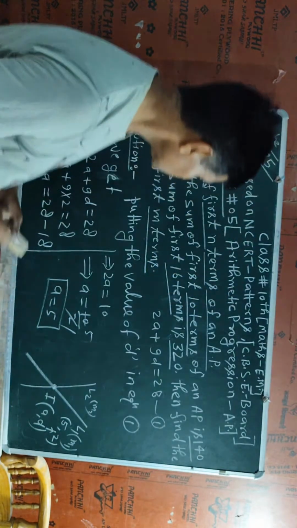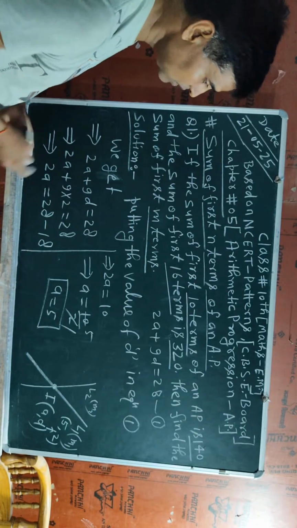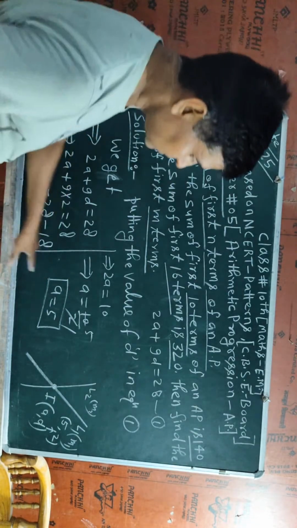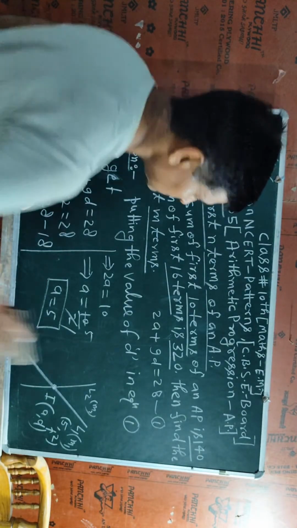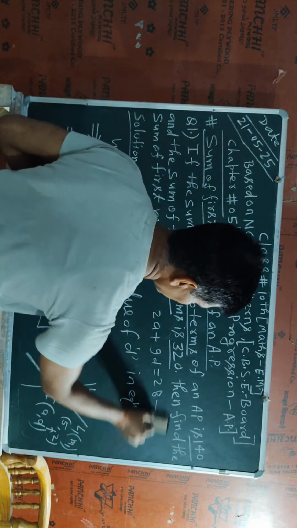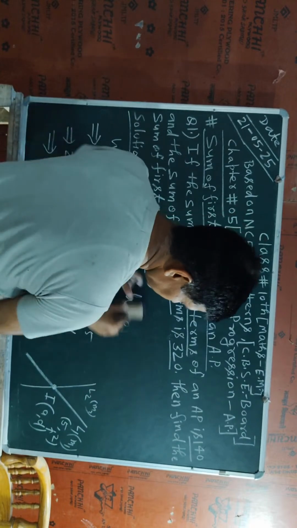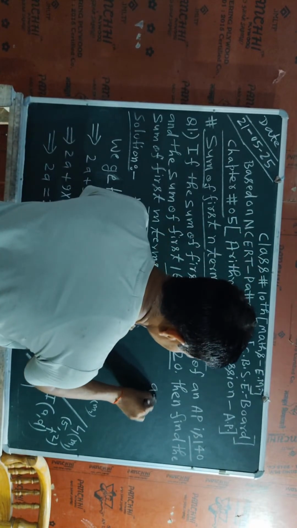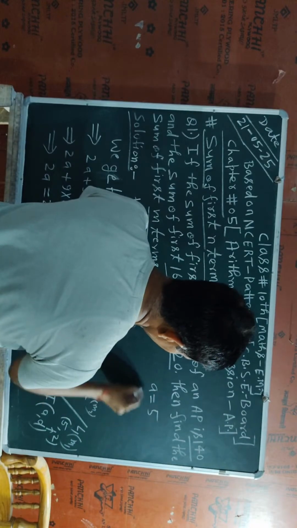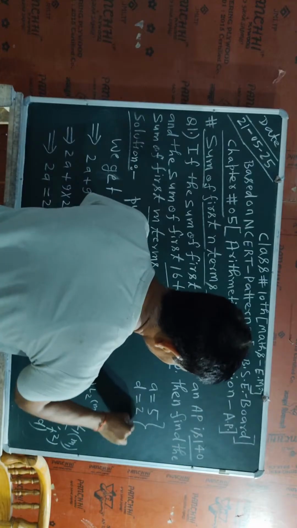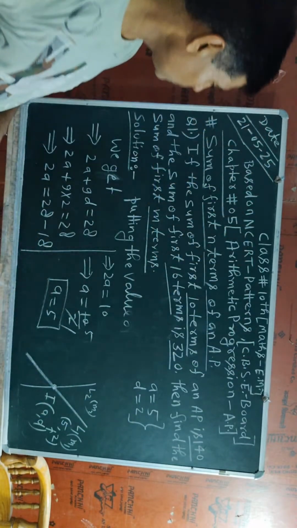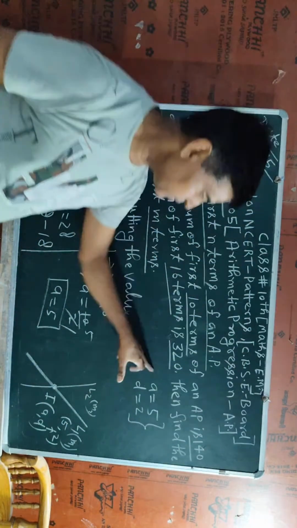Okay student, so further I will say the value of a is 5 and the value of d is 2. Now further I am going to erase and I will set this value. Now the value of a is equal to 5 and the value of d is equal to 2. Okay student, so as per information I have got the value of a and d.